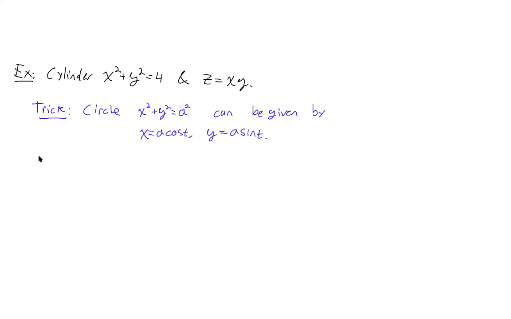We're going to use that trick in this case, because keep in mind, what do we really need? This is the important thing that we should be paying attention to right now. What we need are functions that are given by x equals, I'll call it f of t. y is a different function, I'm going to call it g of t. And z is a different function, I'm going to call that h of t.